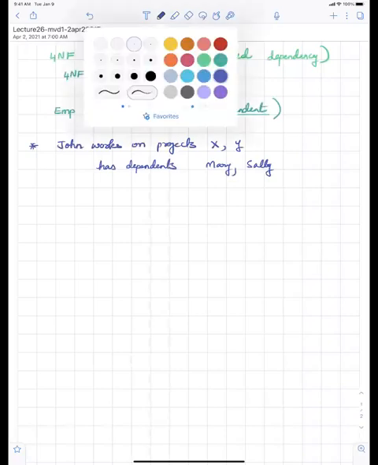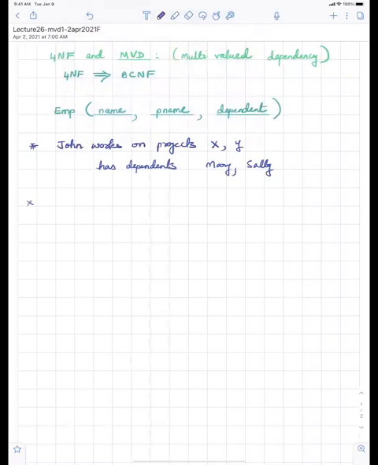Okay, and then we have Bob. And Bob works on project X. So he works on only one project, X. And he has dependents Jill, Jake, and Mary. So he has 3 dependents. And then finally we have Sue.